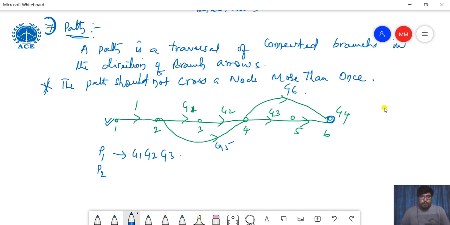Still we have other paths also. See, this is moving node 2 to node 4, and this one moving node 4 to node 6. So this is another path, naming it P2, which is G5, G6. G4 is not there, right? G5, G6, another path.